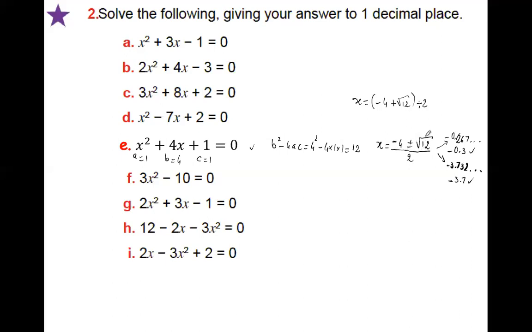So that means you're not going to make that mistake you've just made. It's so easy to forget that. Because what happens if you miss those brackets? BODMAS tells us that the calculator will do the division before doing any add or subtract. So you've divided just root 12 by 2, not negative 4 plus root 12.